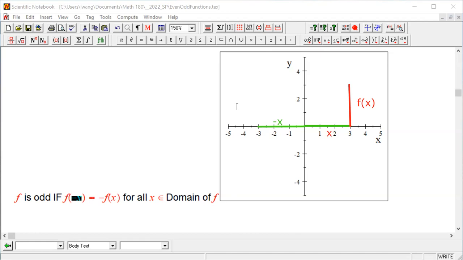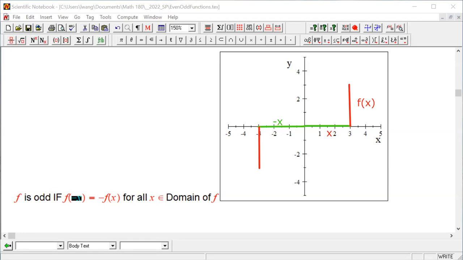So f of negative X has to be over here. And then we put a negative sign in front of f of X.